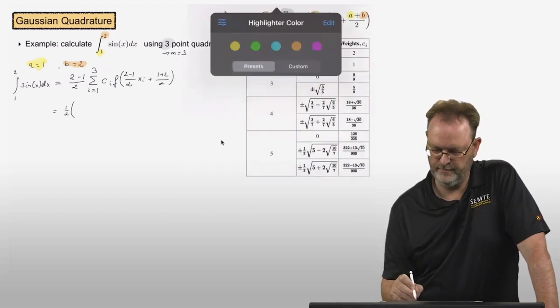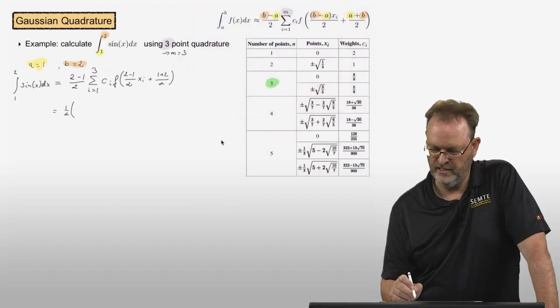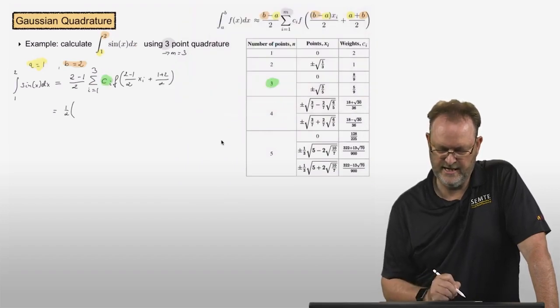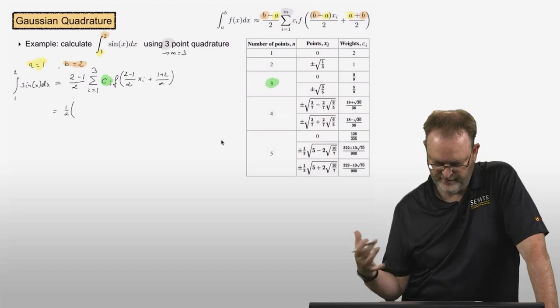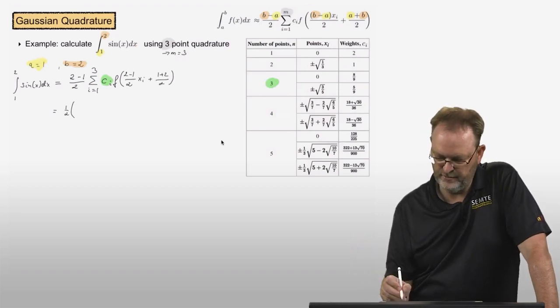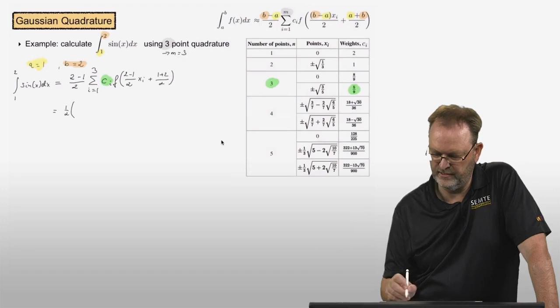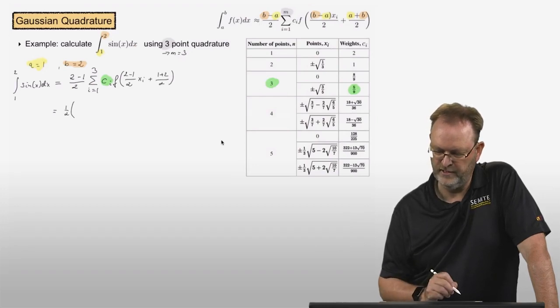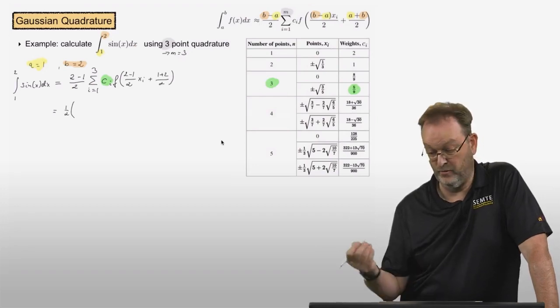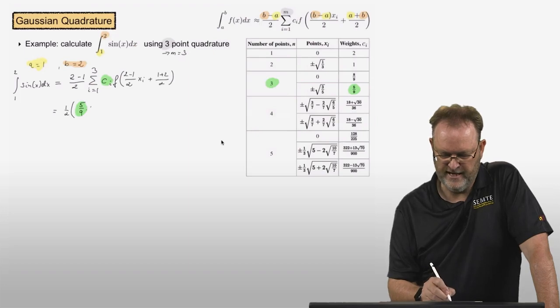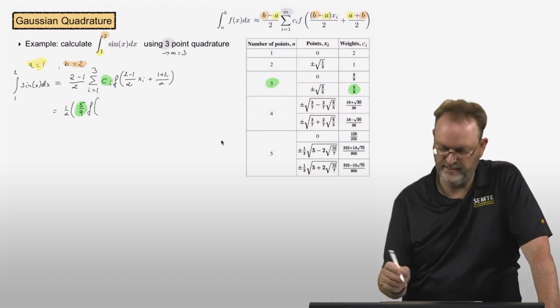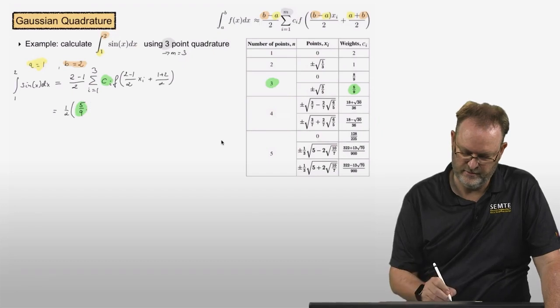Let me grab this color here. And now, Ci, the first weight, doesn't matter which order we do this. We can go in increasing values of x, so let's do that. So I'm going to start here with the minus the square root of 3/5 for x, and the weight then is 5/9. So this would be here 5/9 times f evaluated at, well, the f is the sine, so let me write this directly.